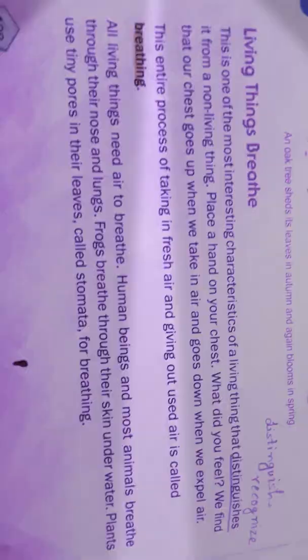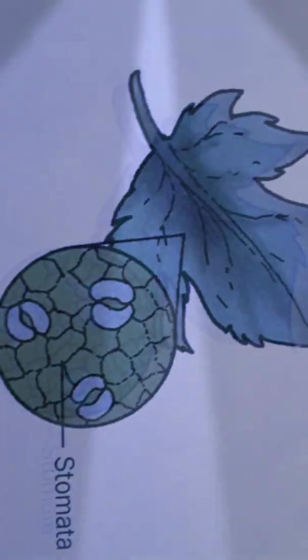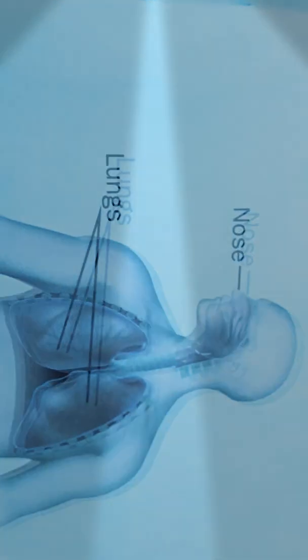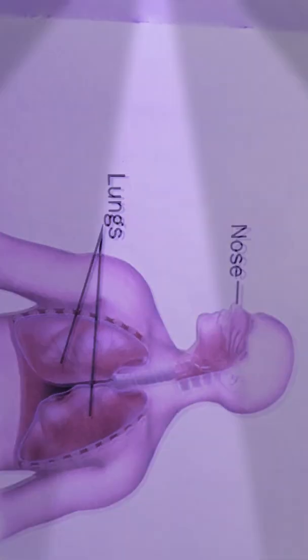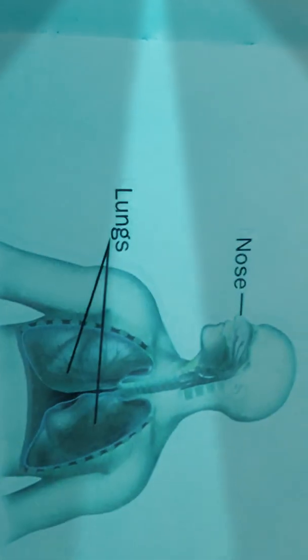And plants have tiny pores in their leaves called stomata for breathing. Where can these stomata be located? Once you observe the backside of the leaf, we can observe the stomata. These stomata are tiny pores. See, once we check our breathing organs, we breathe with our nose, and this air goes through the windpipe and to the lungs.